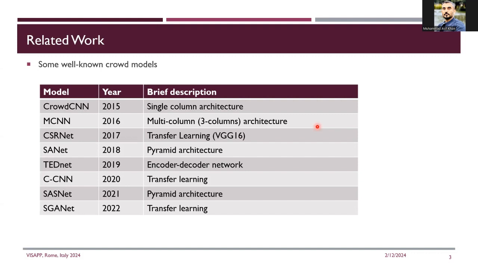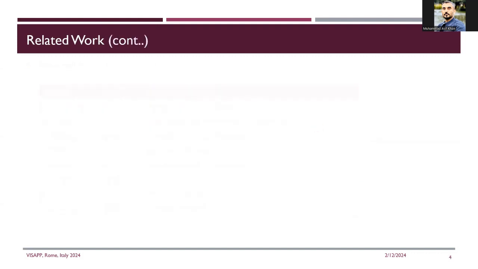Then encoder-decoder and other pyramid structures were proposed over time to improve the performance on benchmark datasets. However, all these models just show innovation in the model architecture to improve performance over the benchmark datasets using single-mode RGB images only.